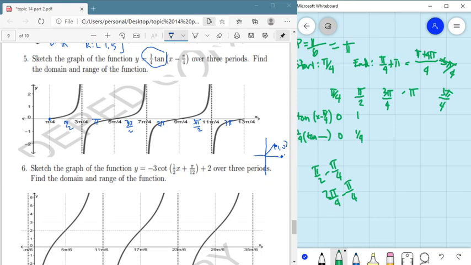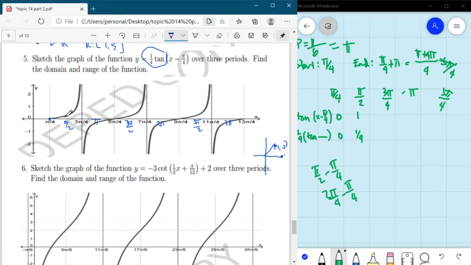Okay, so therefore, one-fourth of 1 is 1/4. Okay, so for pi over 4, we have here 1/4 pi over 2.